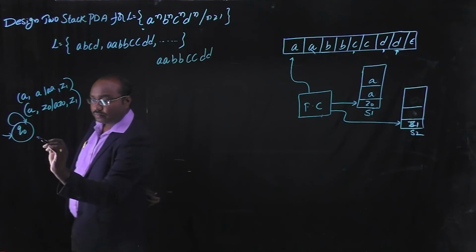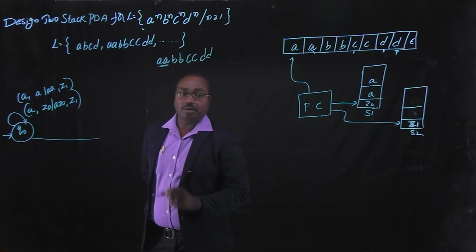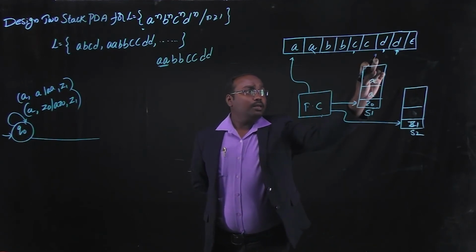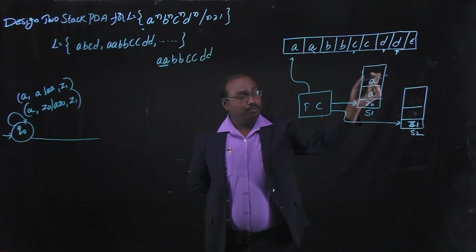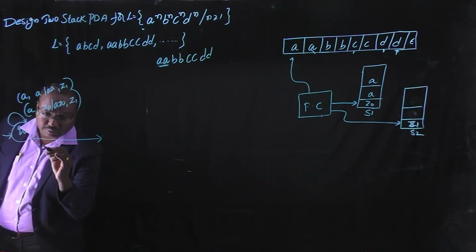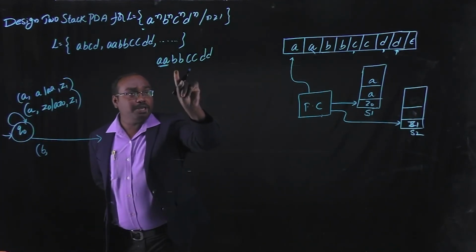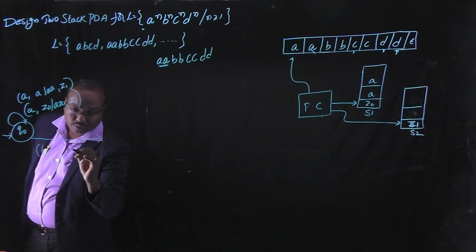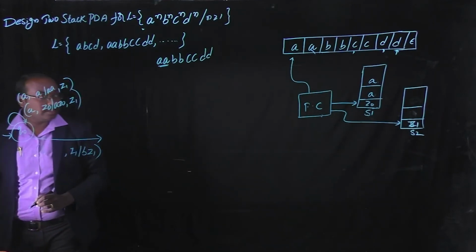Now, coming to the B's. For every B read, B should be pushed onto the stack and the corresponding A's should be popped from stack 1.